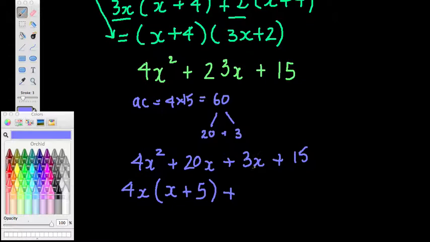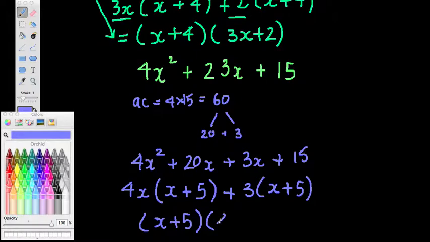We have 3x and 15, so 3 goes into both of those. x plus 5. As you can see, two brackets that are the same. That is what we need. Always need that to be able to take out that bracket as a common factor. And finally, there is our solution. There is our answer. That is the factorised version of 4x squared plus 23x plus 15.